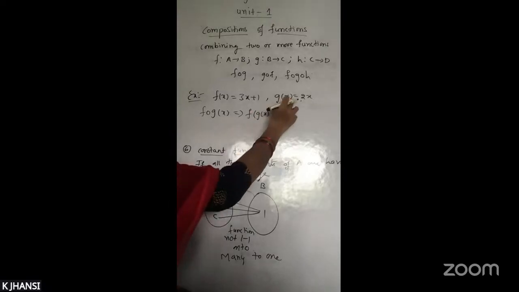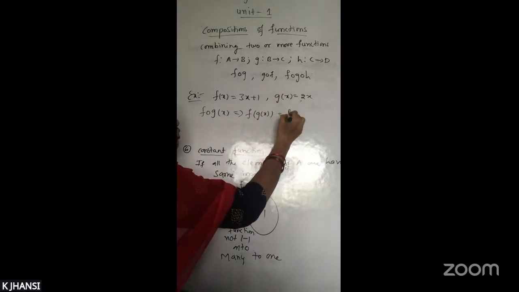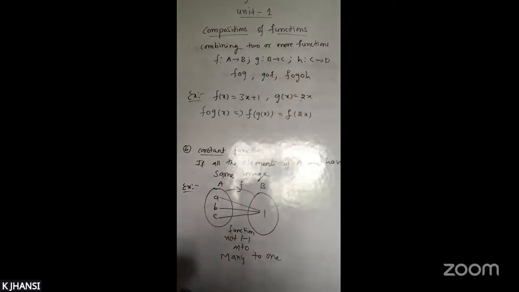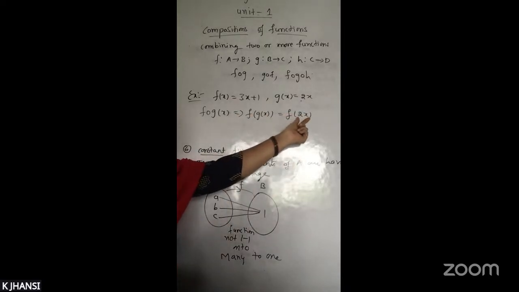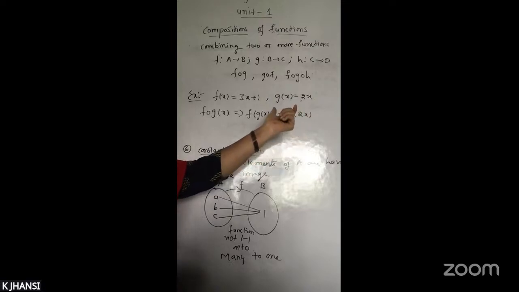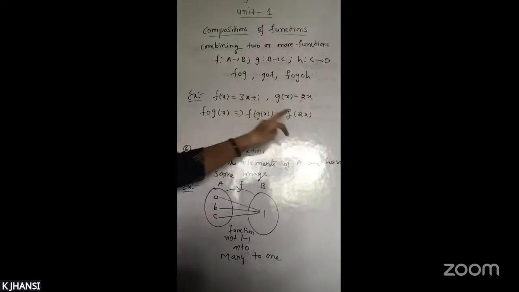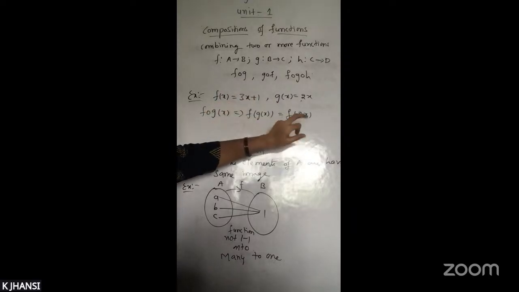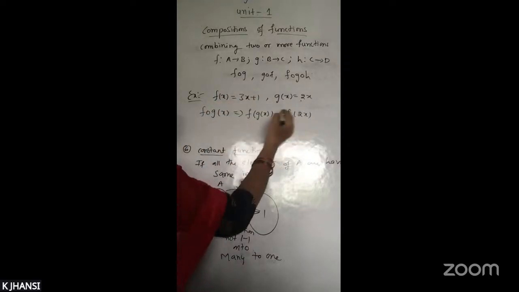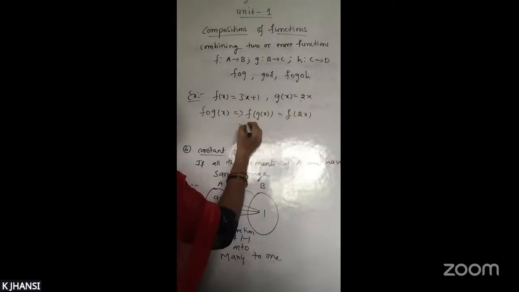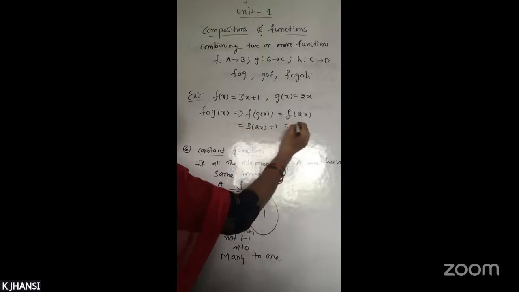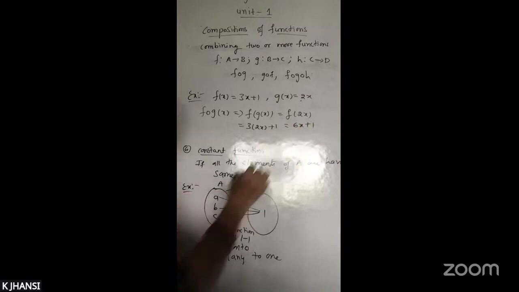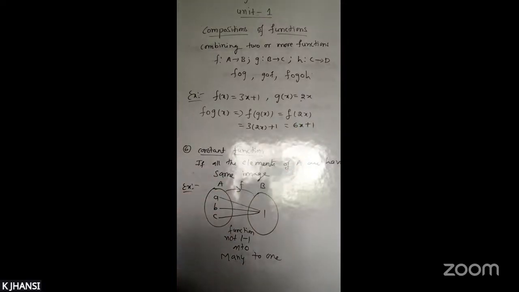So what is the g of x value? g of x value is 2x. So wherever x is there in function f, you have to substitute it as 2x. If you substitute this, what is f? 3 into 2x plus 1. So 3 times 2 is 6x plus 1. This is f circle g.